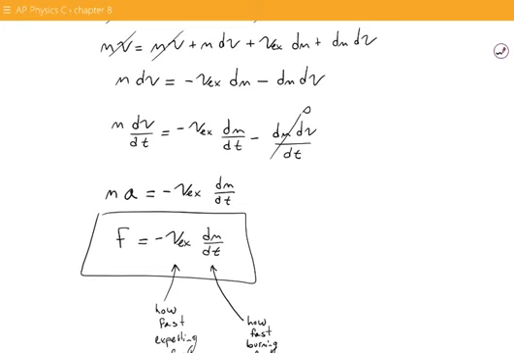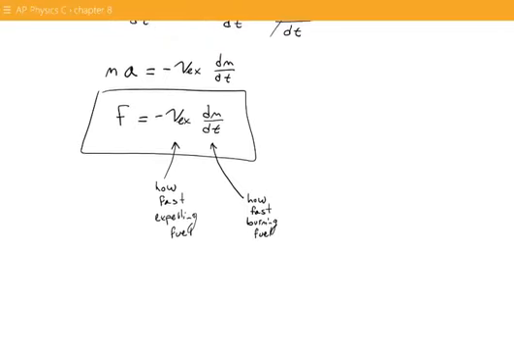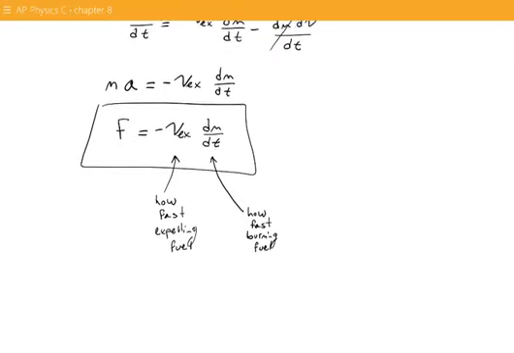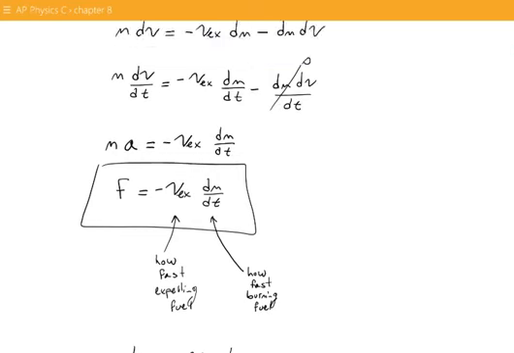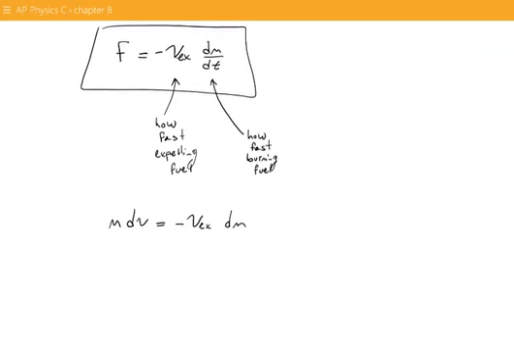We might also want an expression for the velocity in terms of mass. So we could go back up one step and rewrite our expression where we had m dv equals negative velocity of the exhaust dm, since that was the term that mattered in the previous expression.